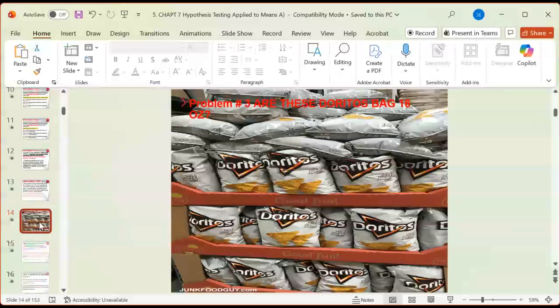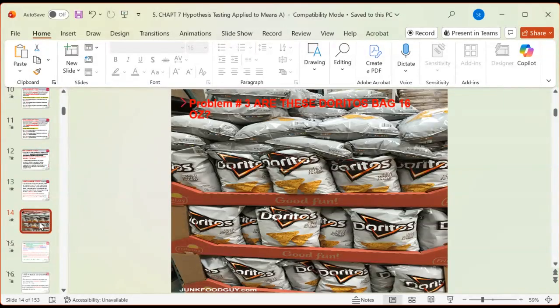If you say less, or more, or just that they weigh a difference, there's some difference about this bag of Doritos. I'm not sure if they're 16 ounces or more or less. That's a non-directional hypothesis. So think about the way you address your hypothesis.